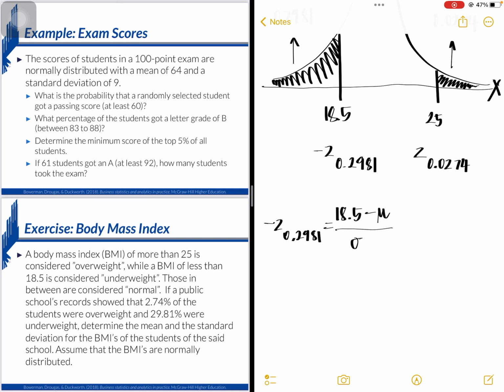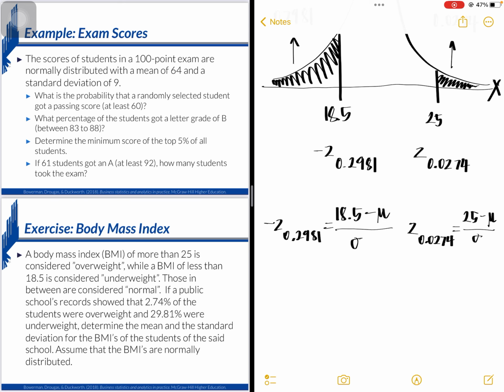And that's the same case with the other side. So that's z sub 0.0274 equal to 25 minus the mean over sigma.